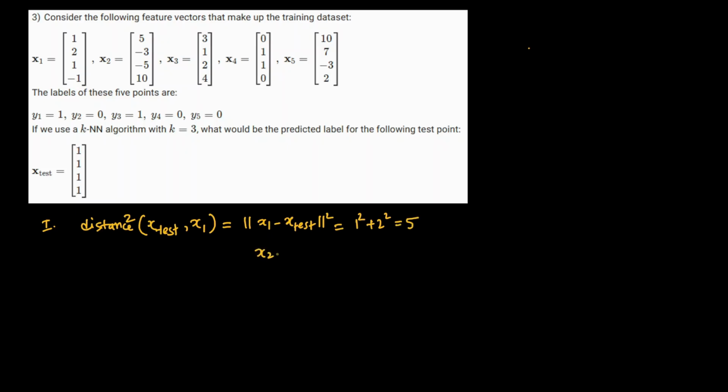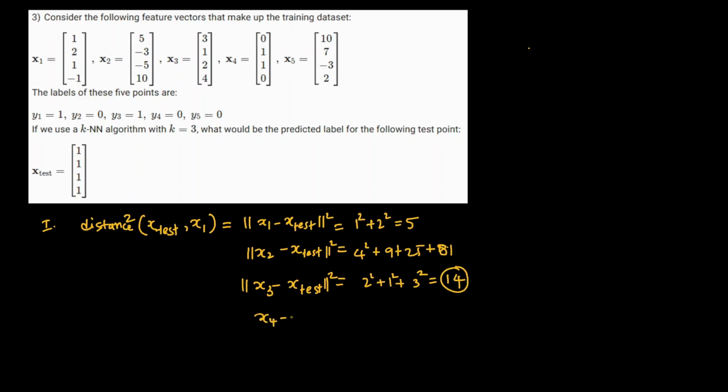Similarly, if I compare X2 with X test, I would obtain 4 square plus 9 plus 25 plus 100, or plus 81, sorry, which is a very big number. If I compute it with X3, I obtain 2 square plus 1 square plus 3 square, which is equal to 14.